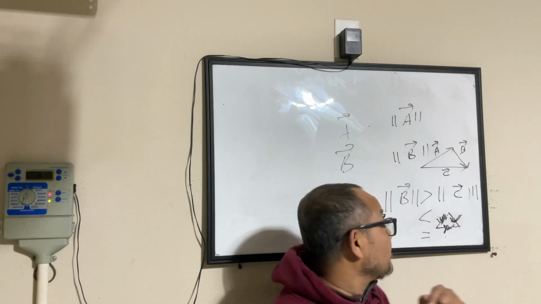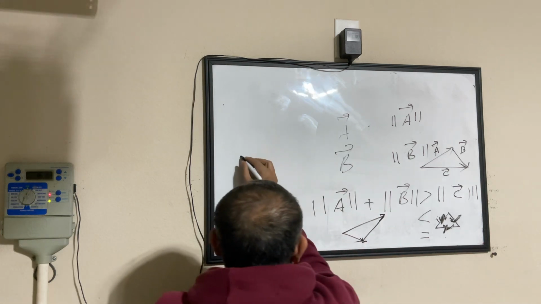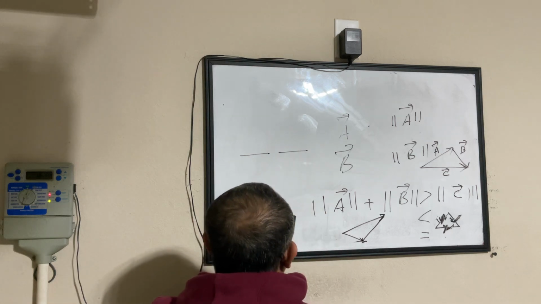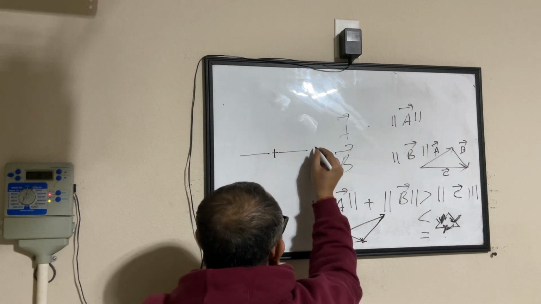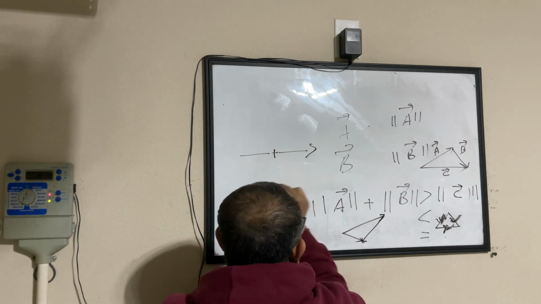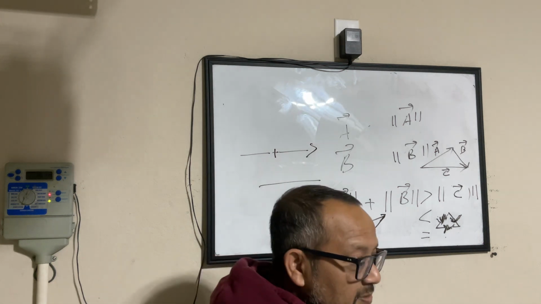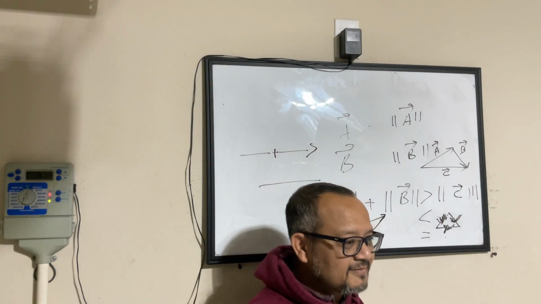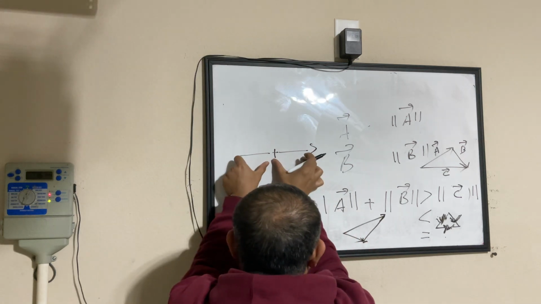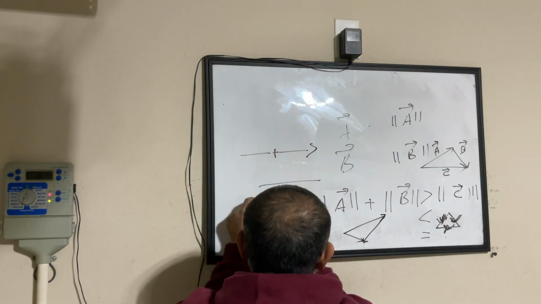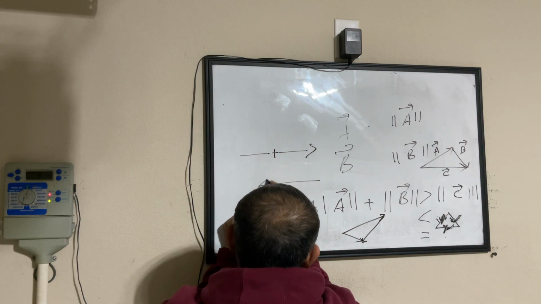Otherwise, you will not be able to draw a triangle. If you ever try drawing a triangle with 3 lines where the sum of 2 sides is not greater than the third side, you will not be able to draw a triangle. Look at it. If these 2 are not greater than this, if these 2 are the same, that means you will not be able to make an angle.